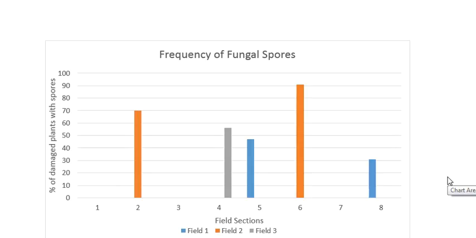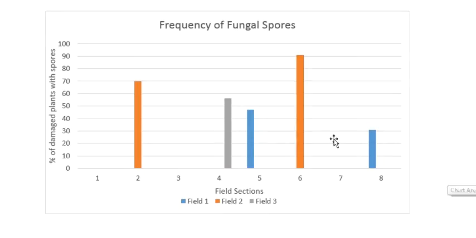You can see here in this graph that fields 1, 2, and 3 have very little fungi in them. Occasionally, for example, field 2 had 2 spots that tested positive, and in those 2 sections a large percentage of the plants were infected, but this was restricted to just a couple of spots in the field.